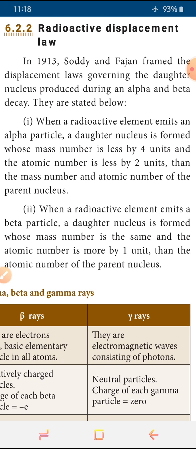This is called the radioactive displacement law, which was explained by Soddy and Fajans in 1913.